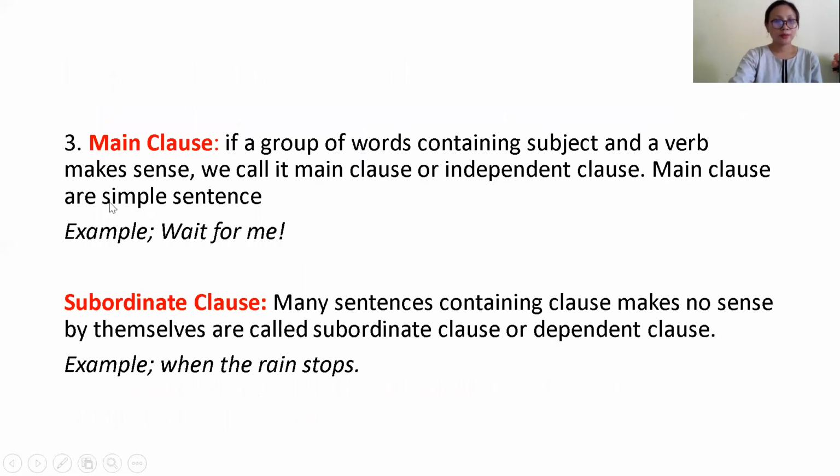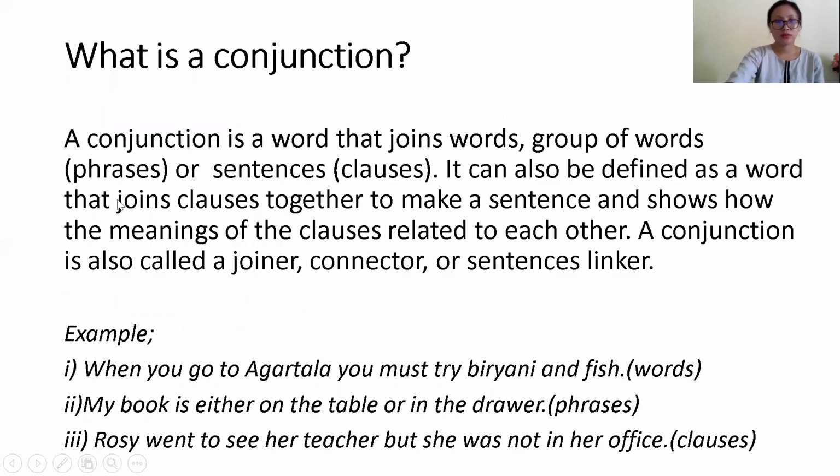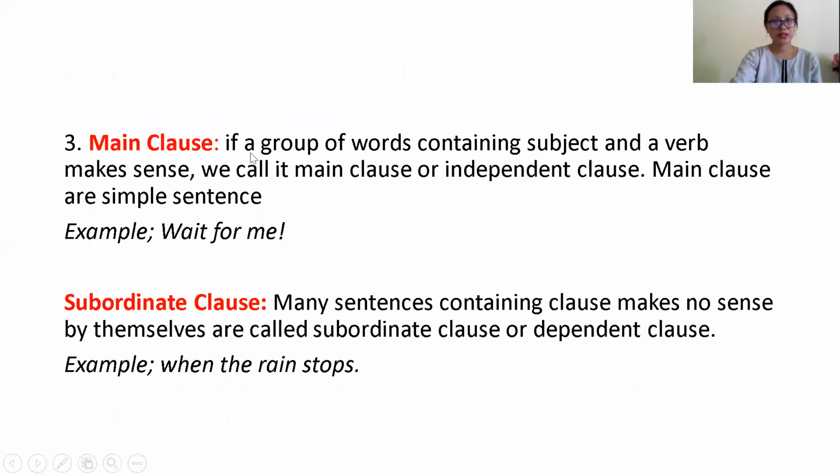Number 3, main clause. If a group of words containing a subject and a verb makes sense, we call it a main clause or independent clause. Main clauses are simple sentences. See here, example: wait for me.